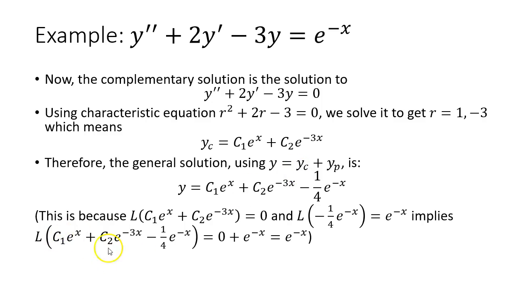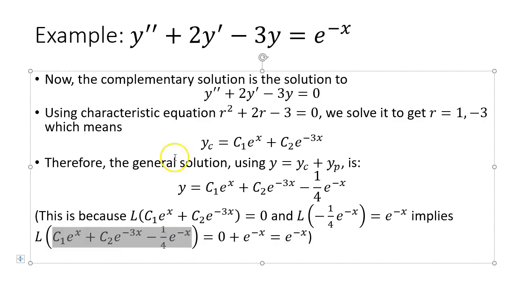Therefore, when you add them up and apply L, the first part gives you 0, and the second part, negative 1/4 e to the negative x, produces e to the negative x. So at the end of the day, it produces e to the negative x, which means this thing inside is a solution to the above differential equation. And since it has two free parameters, we know that we have a general solution in our hands right now.